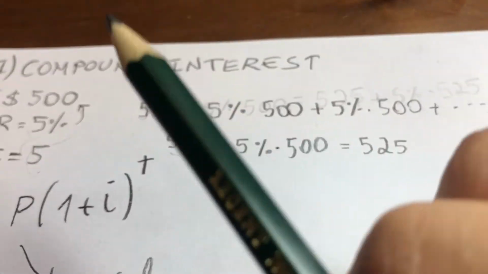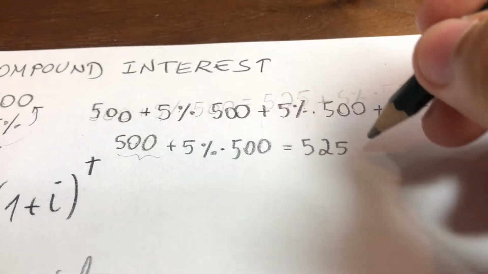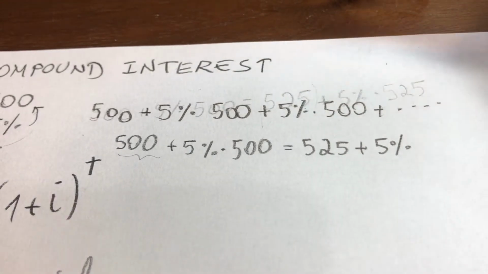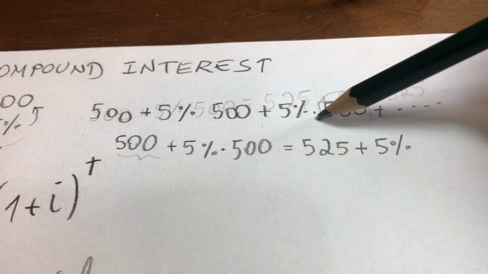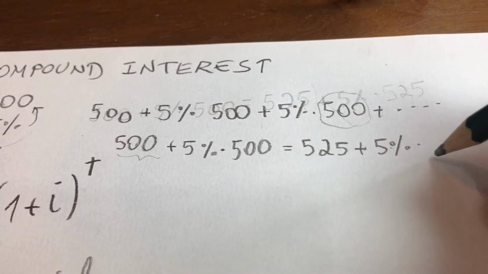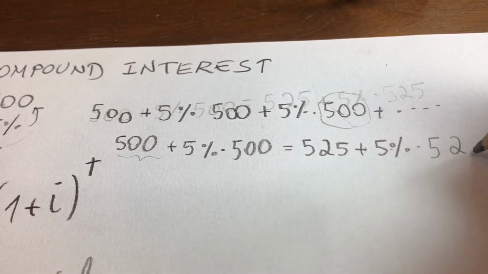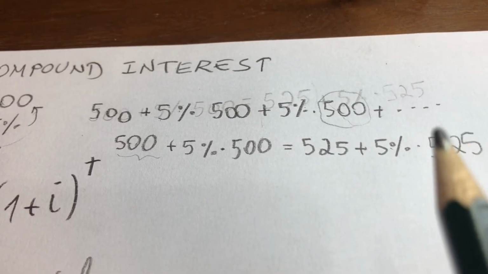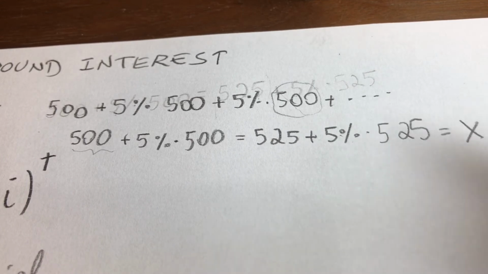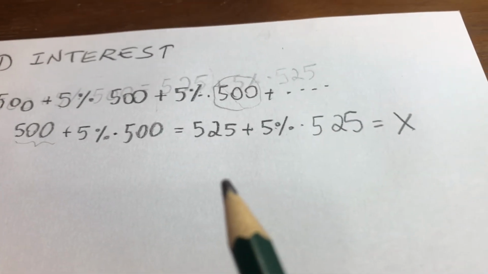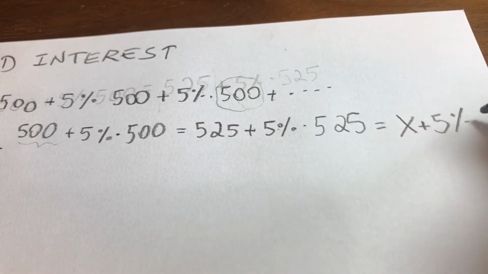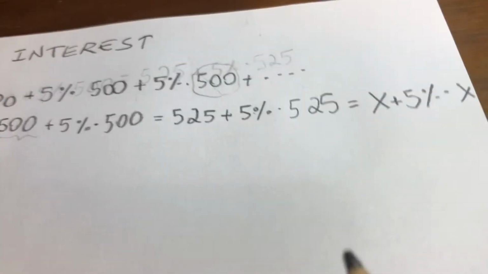In the next year, I'm gonna have an increase of 5%, but not above these 500 anymore. Instead, above this new value of 525. This is going to give me an X value. And in the next year, plus 5% of X.